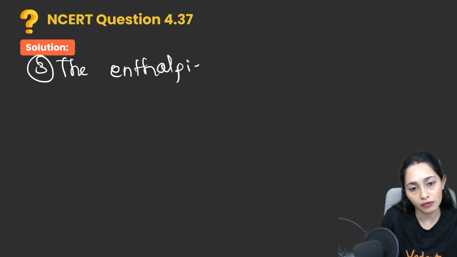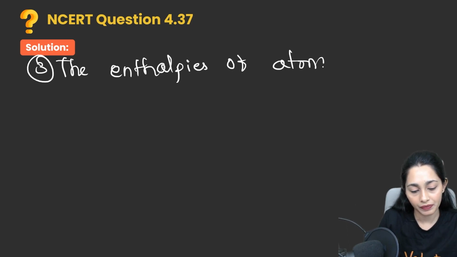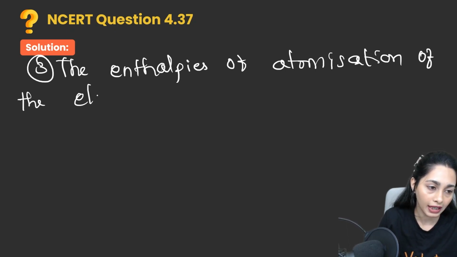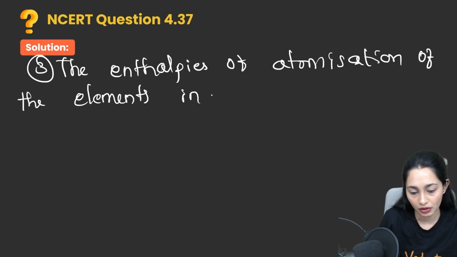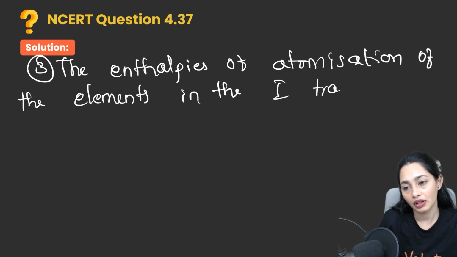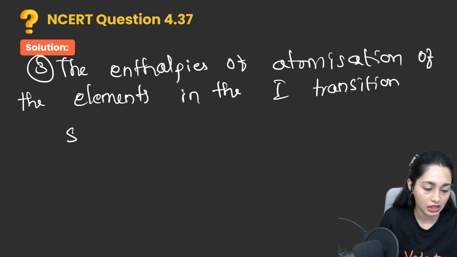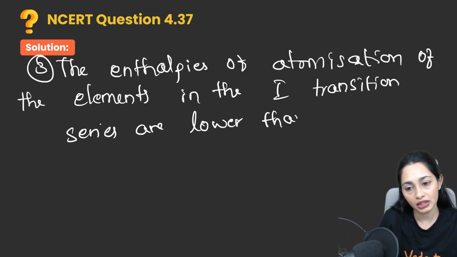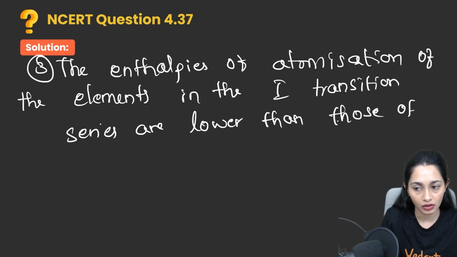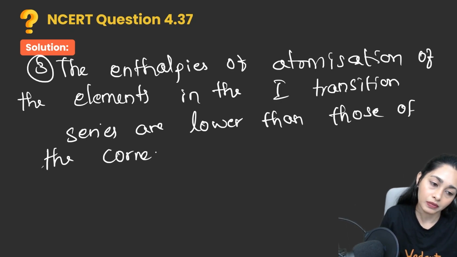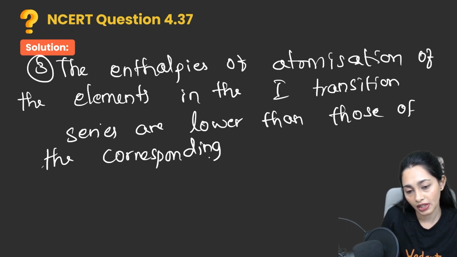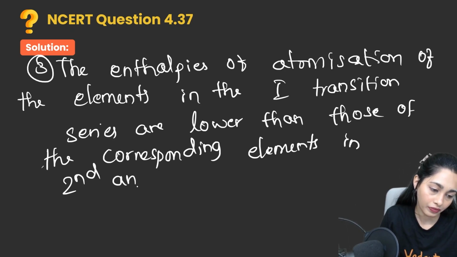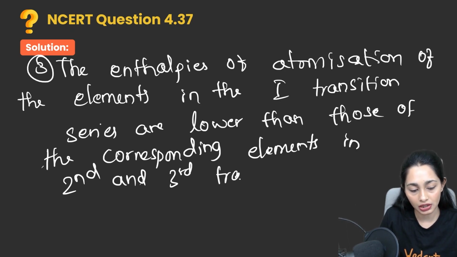The enthalpies of atomization of the elements in the first transition series are lower than those of the corresponding elements in the second and third transition series.